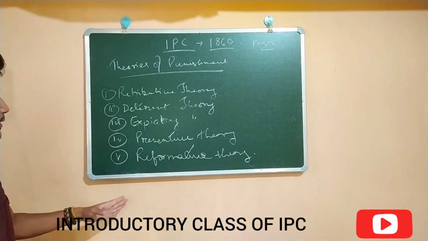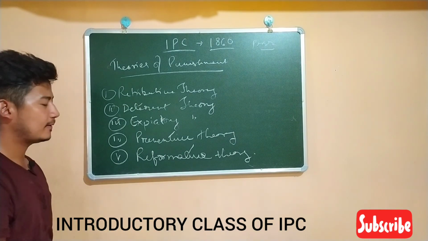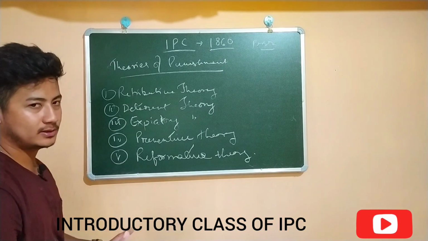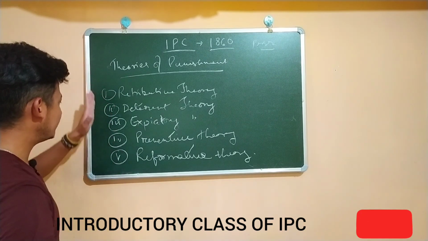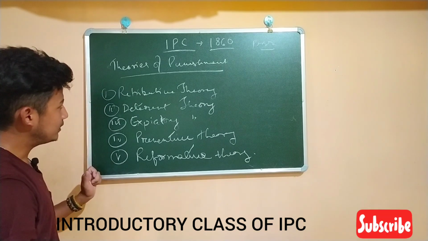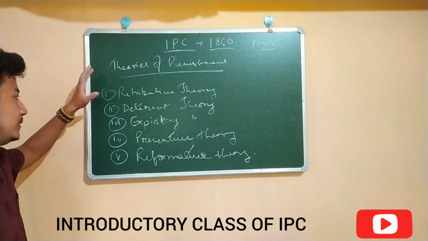On the basis of these 5 theories, the punishments are created. Like for this crime this amount of punishment will be given, and for that crime that amount of punishment. All of the punishments are based on these theories. We will look into it in the later part of the next video.